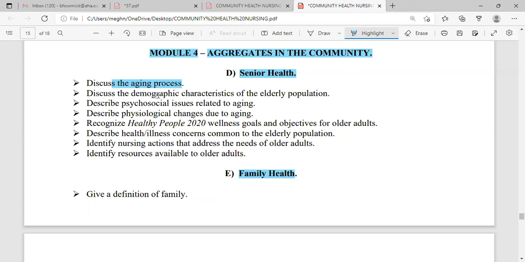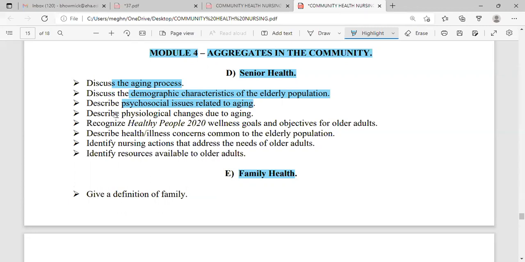Discuss the demographic characteristics of the elderly population, describe social issues related to aging, right? Disability, dementia. They need special care because of the aging process.